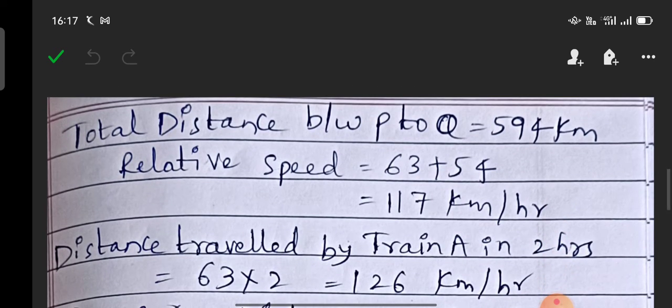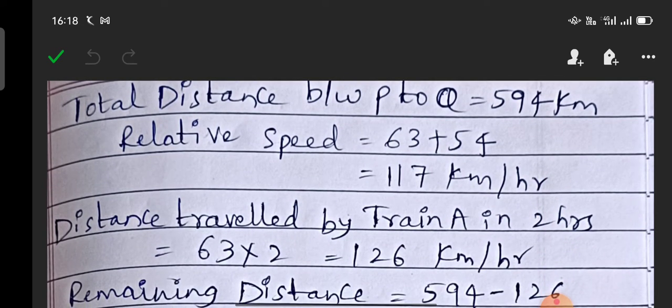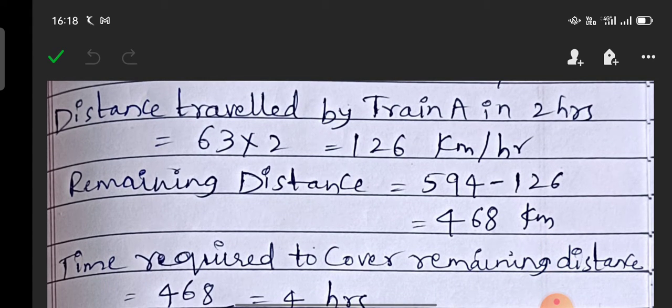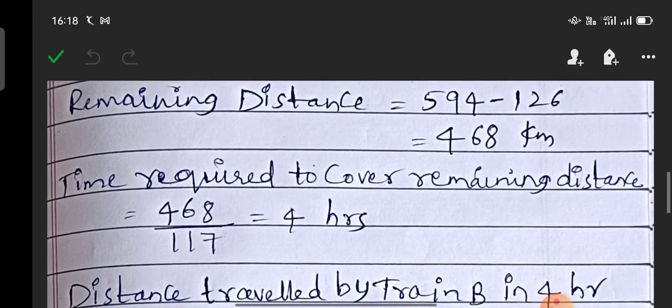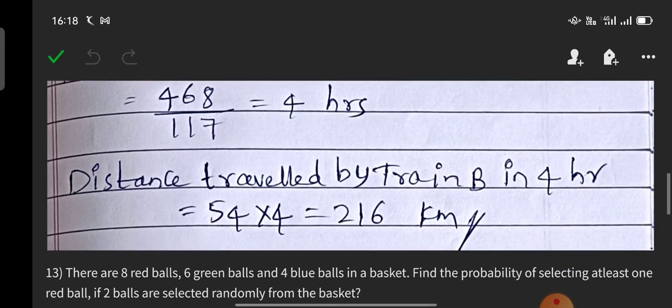So the total distance between P and Q is 594 km. Relative speed equals 63 plus 54, 117 km per hour, and the distance travelled by train A in 2 hours is 63 into 2, 126, and remaining distance equals 594 minus 126, that is 468 km. Time required to cover the remaining distance 468 by 117 equals 4 hours.